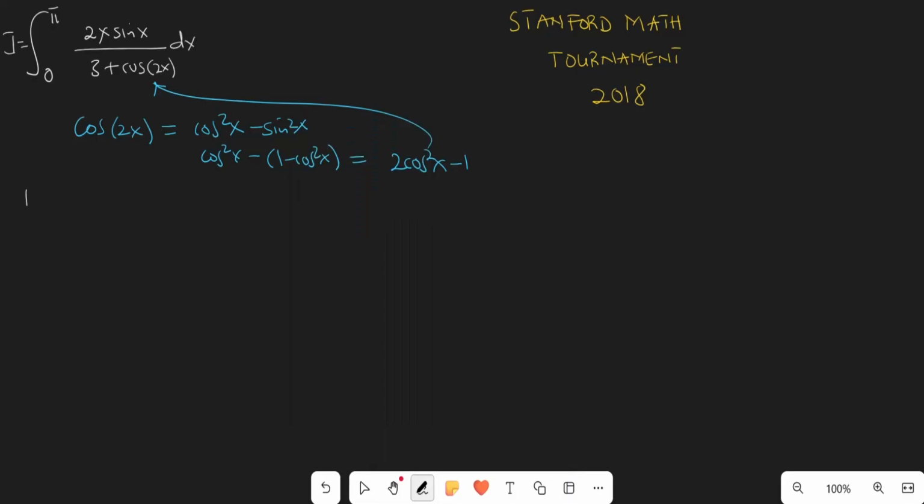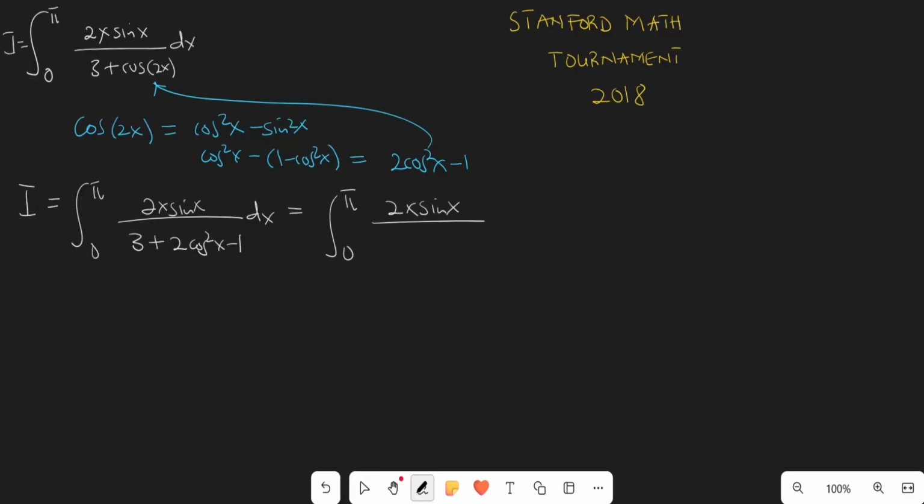Okay, so we have I, the integral, equal to the integral from 0 to pi of 2x sine x divided by 3 plus 2 cosine square x minus 1 dx. So this is equal to the integral from 0 to pi of 2x sine x divided by 3 minus 1 is 2, plus 2 cosine square x dx.